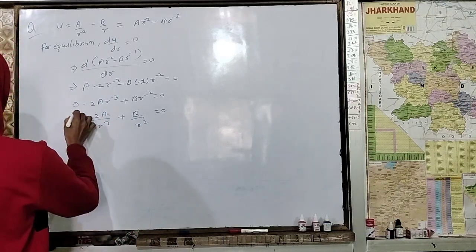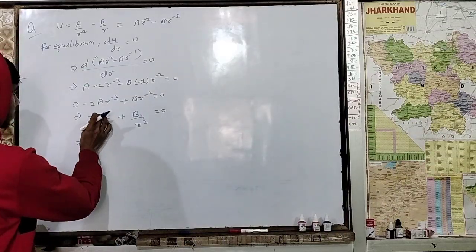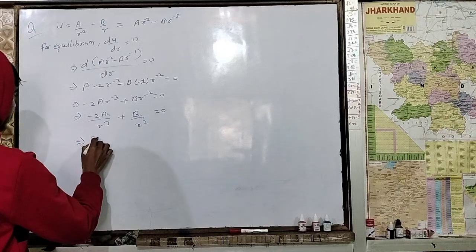Look over here, here is a twist. The twist is just to multiply both fractions by R³.